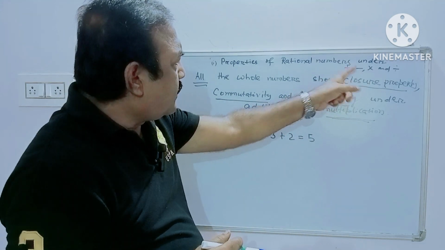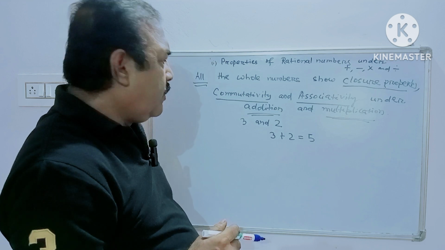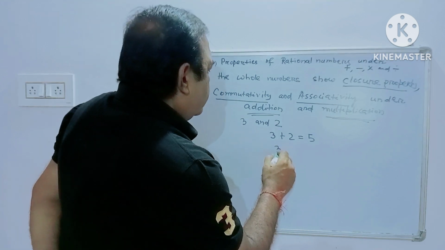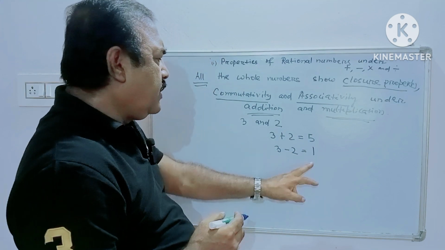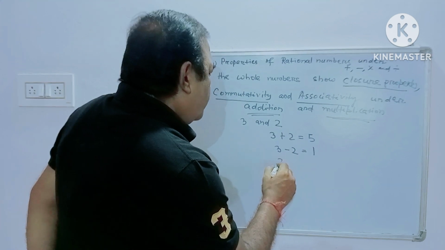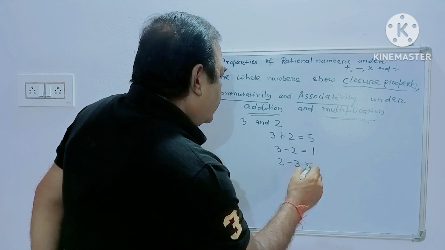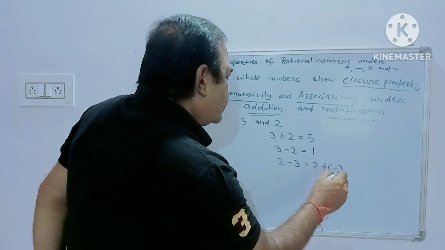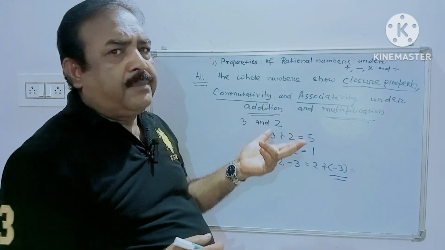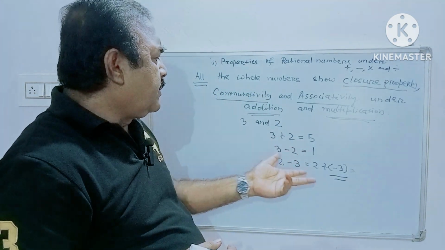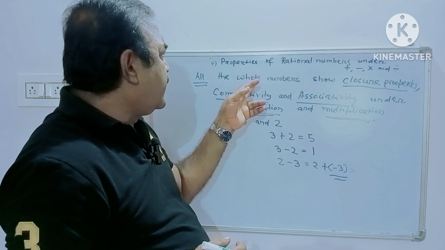Then come to subtraction. 3 minus 2 is 1, and 1 is a whole number. But if I write 2 minus 3, that is 2 plus of minus 3, I cannot use this because there are no negative numbers in the whole numbers.